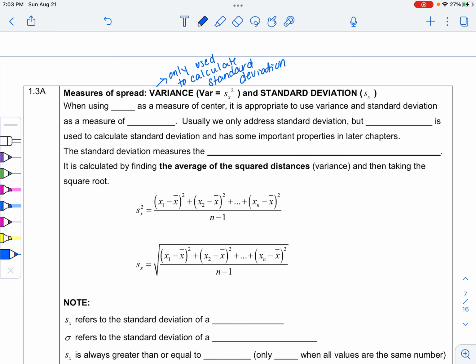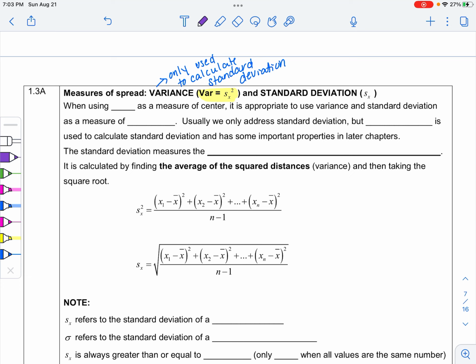This is an important concept, however, not very important to us right now. So all you are going to see is the fact that variance is equal to your standard deviation squared. The standard deviation we are going to look at is that s sub x, because we have a sample. Later on, we're going to look at population standard deviations, and that's a different symbol.